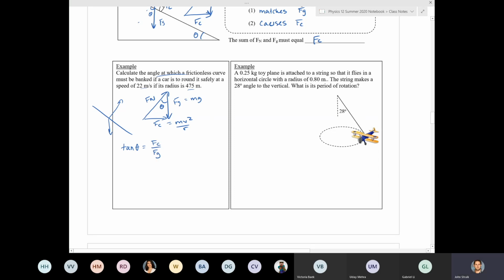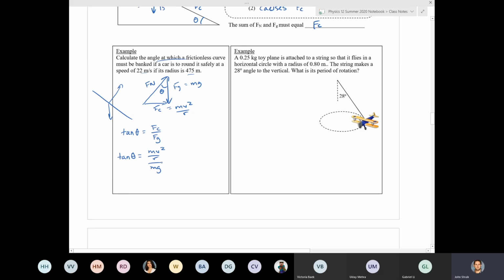Then we can put in our formula. So tan theta equals FC, which is mv squared over r, over FG, which is mg. Now, this is a compound fraction. If you think about pre-calc 11, it's mv squared over r times 1 over mg. Remember, you multiply by the reciprocal.